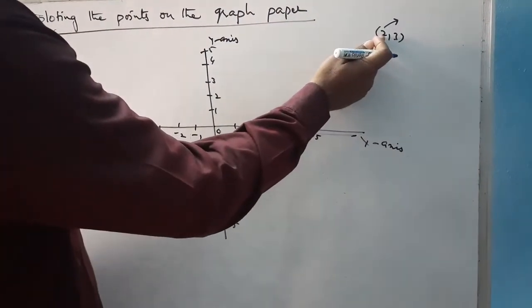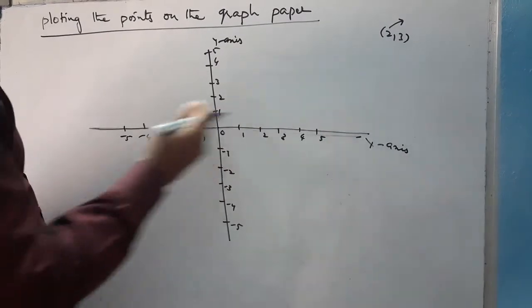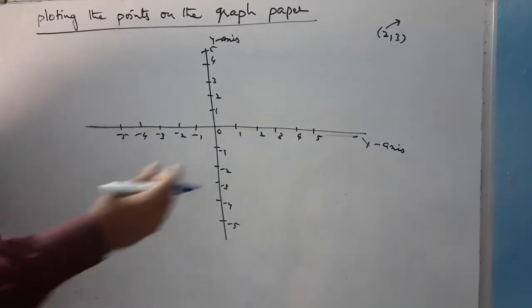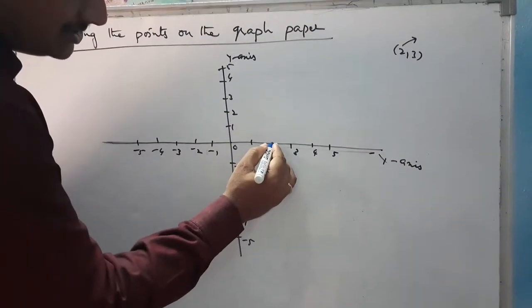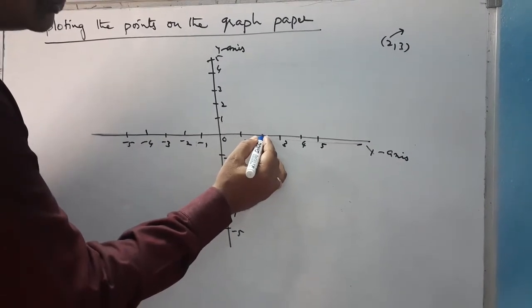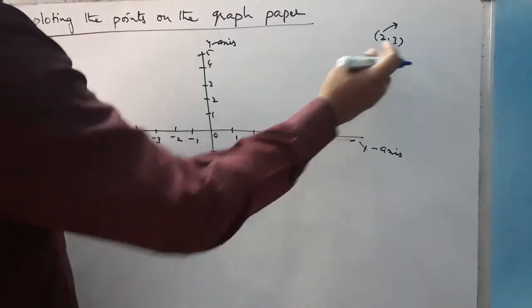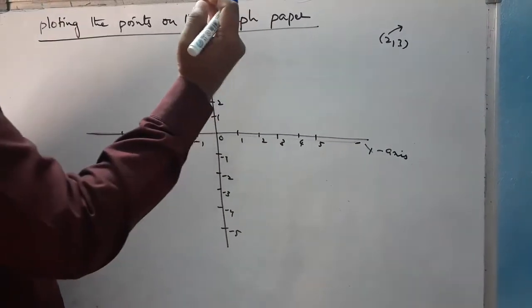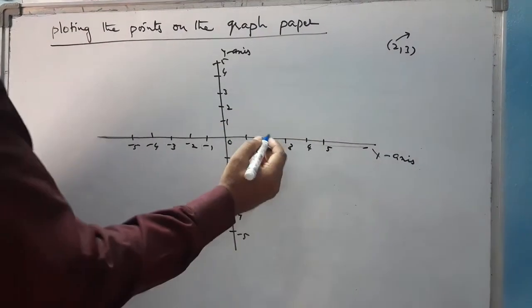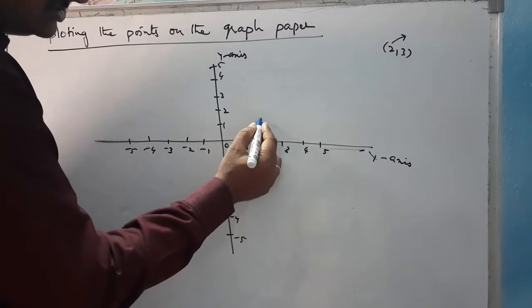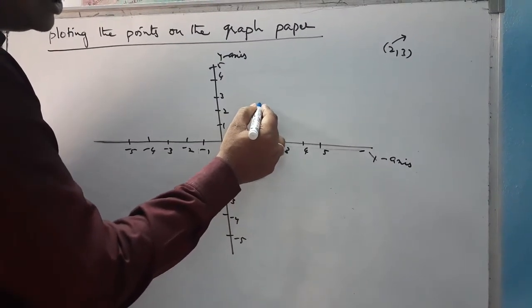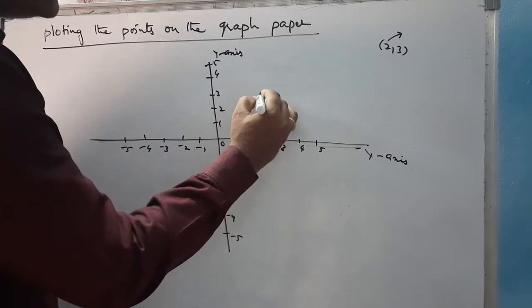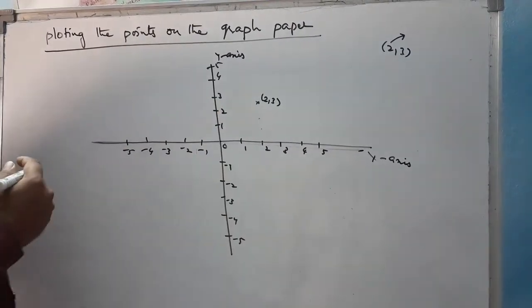First of all we have to take the 2 on the x-axis. Here it is 2. Now what about the 3? 3 is a positive value, so we have to move upside 3 units. It is 1 unit, 2 units, here it is 3 units. So this point is known as (2, 3).